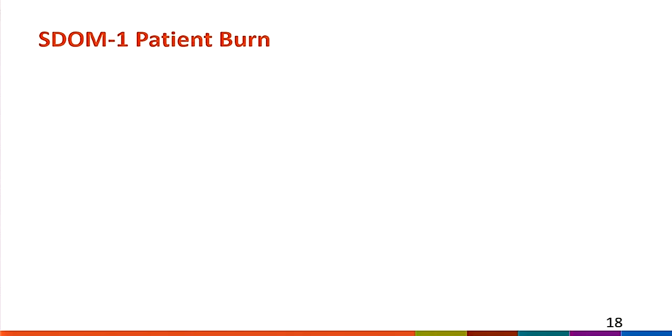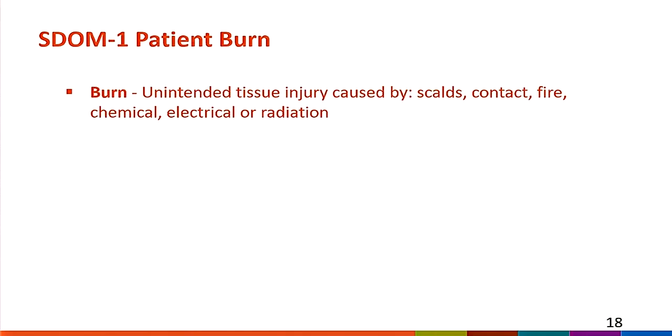SDOM-1, patient burn, is defined as any unintended tissue injury caused by any of the 6 recognized mechanisms: scalds, contact, fire, chemical, electrical, or radiation. A couple of examples are things like warming devices or prep solutions or lasers.